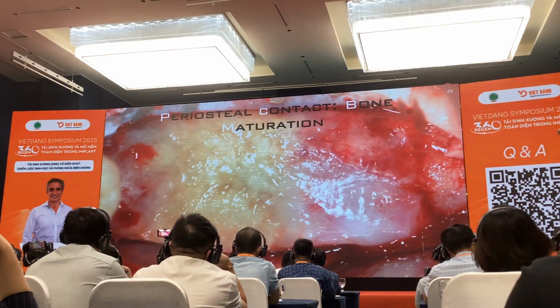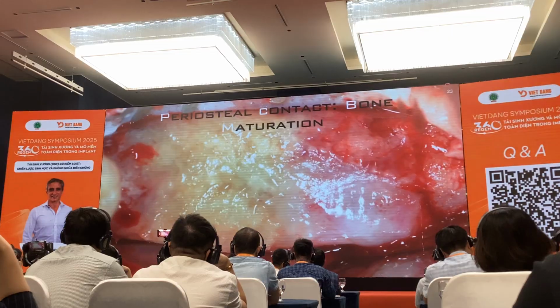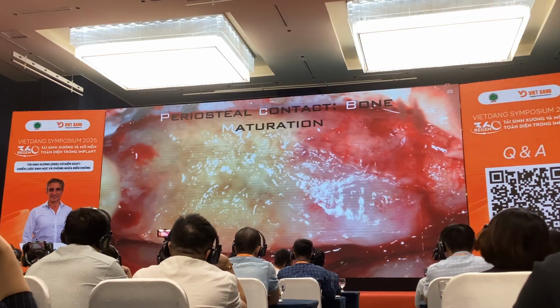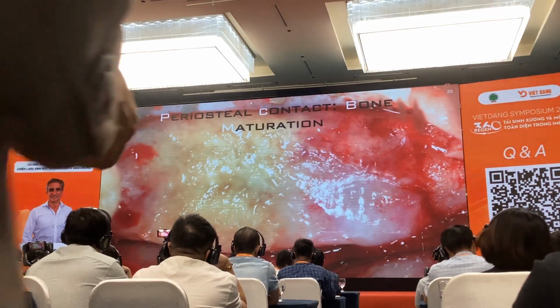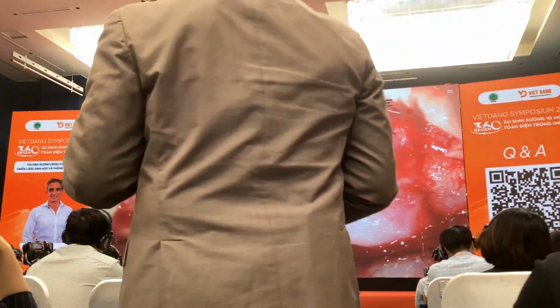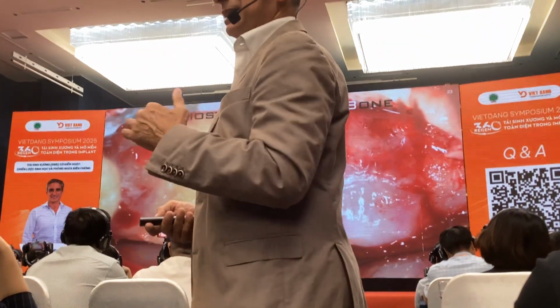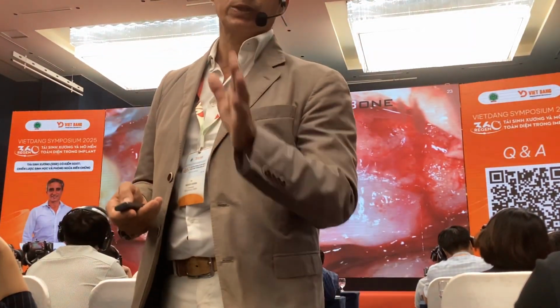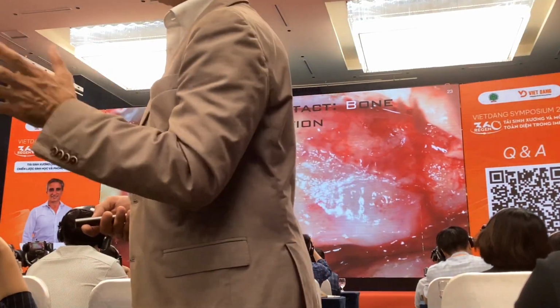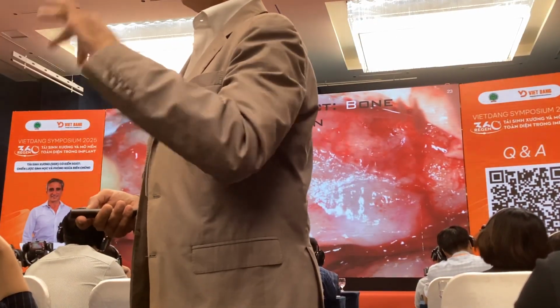The inner part has a poor vascularization. But placing the periosteum against this non-matured bone, we can change completely the quality of bone.